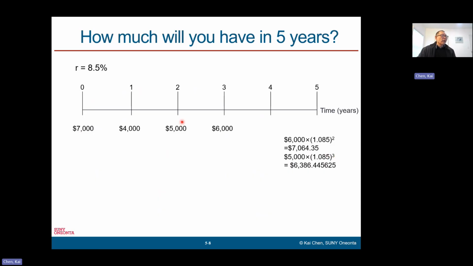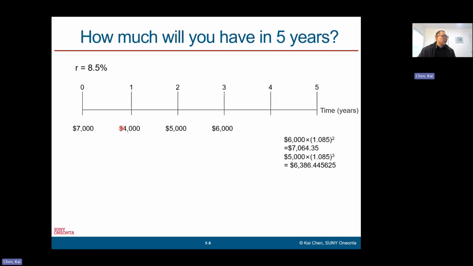Again, for this single cash flow, the investment process begins at this point and ends at this point, so there are 3 years. If you do the calculation, you get $6,386.45. That is the future value of $5,000.